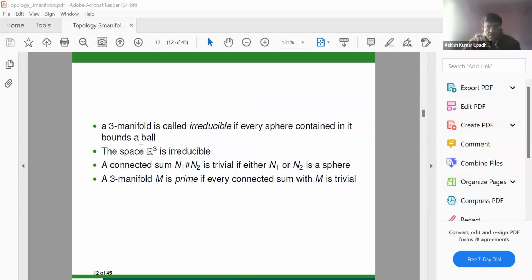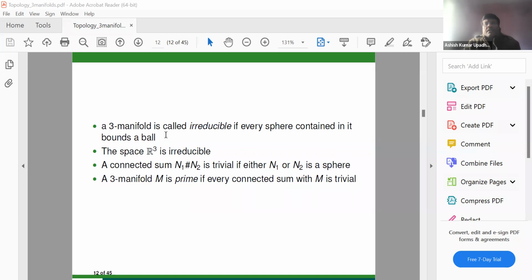Now, a three manifold will be called irreducible if every sphere contained in it bounds a three ball. So you see, we started with a manifold and looked at separating spheres. We cut the manifold along a sphere and then filled it with a solid ball. And we expect that we go on cutting till there is no separating sphere left.